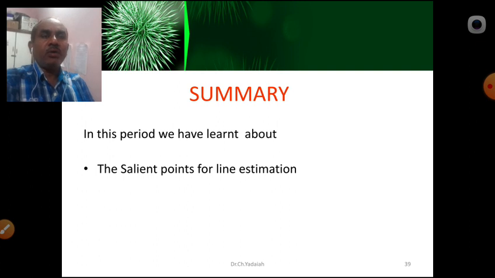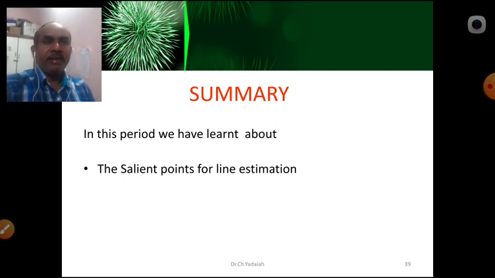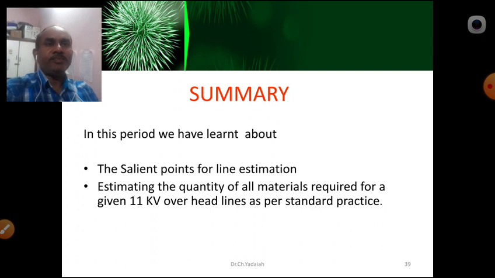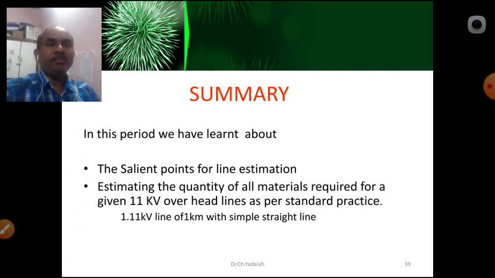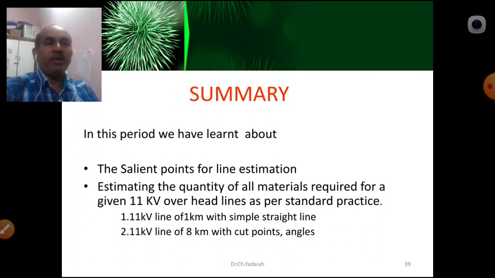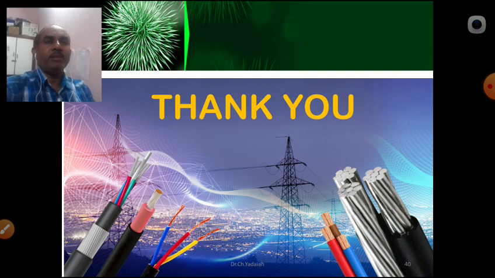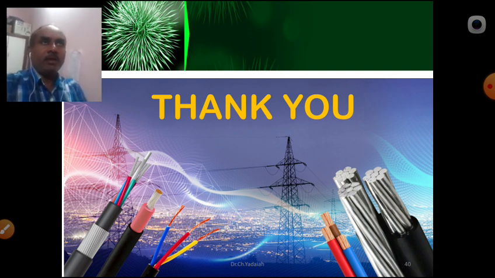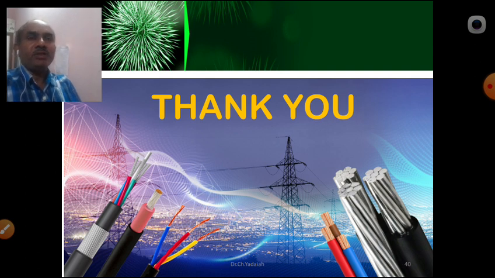So this is a simple procedure to estimate the materials required for an 11 kV line for a given length of line. I think you have understood this problem, and you can try different situations based on consumer demand.